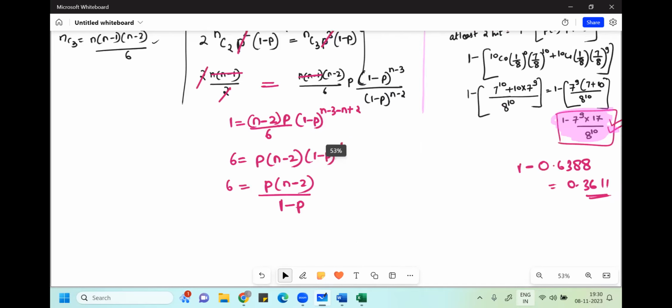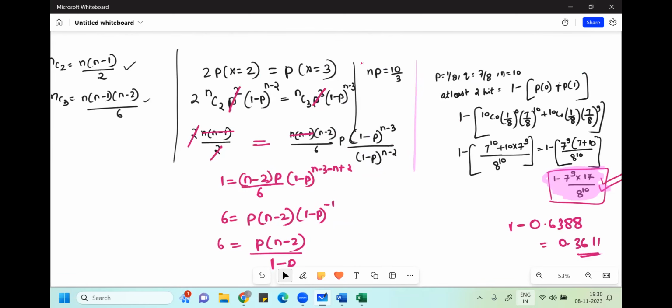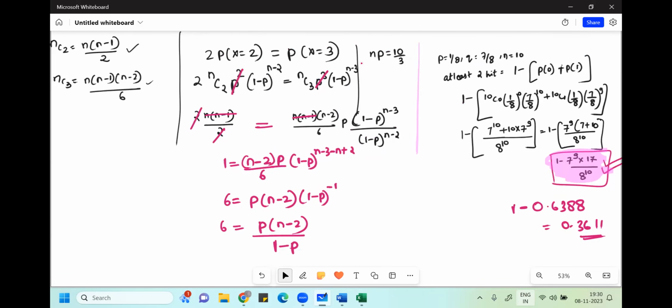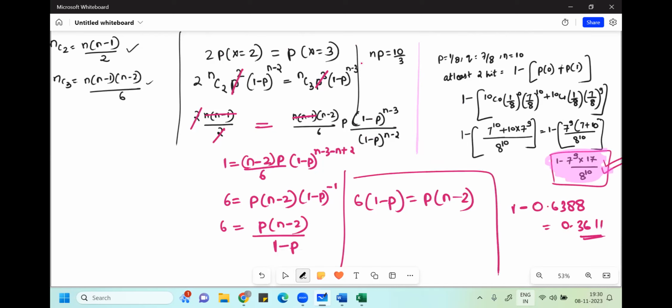Tell me, guys, if you are finding any difficulty in understanding. So I bring this side: 6 into 1 minus p is p into n minus 2. Okay. So this is 6 minus 6p is np minus 2p.